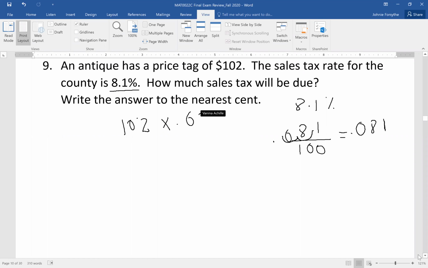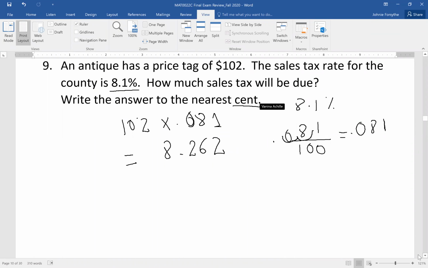Now you can go ahead and multiply them. 102 times 0.081 is 8.262. And it says here to write your answer to the nearest cent.